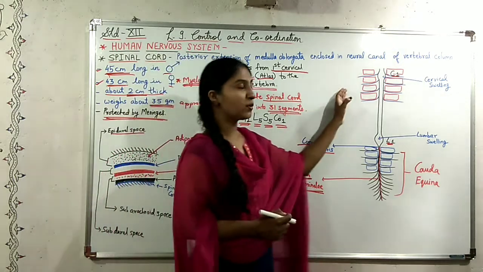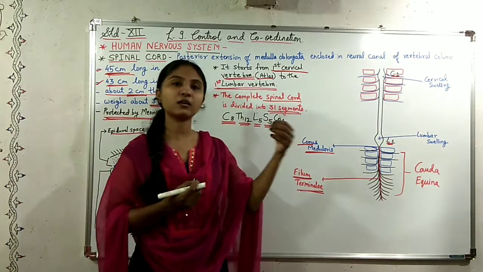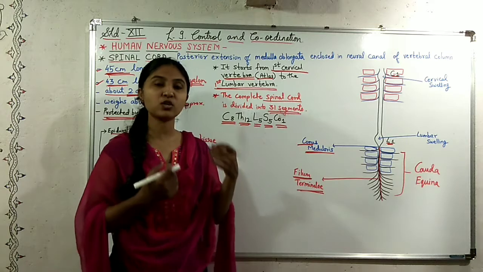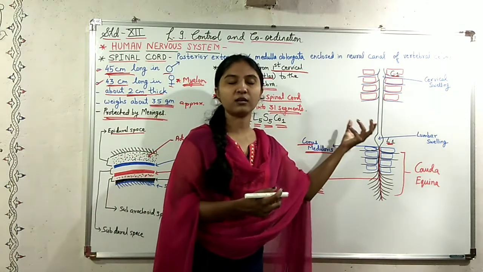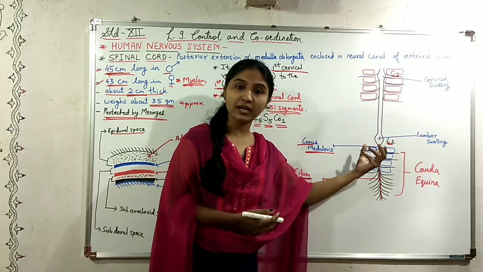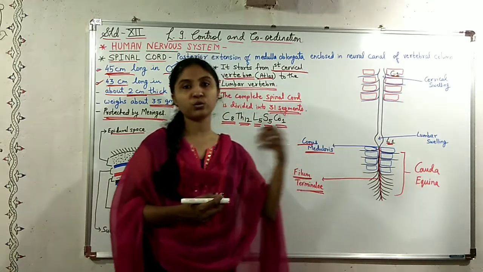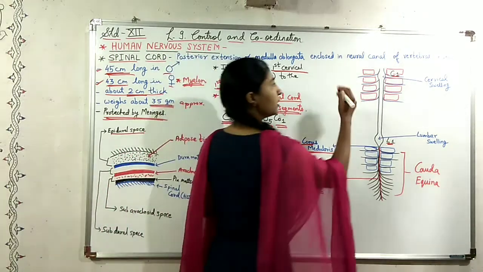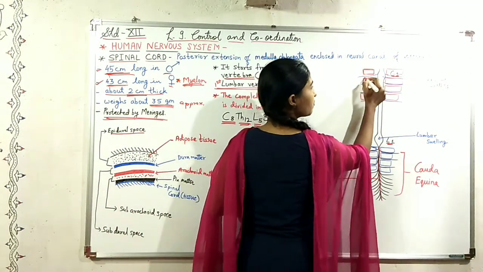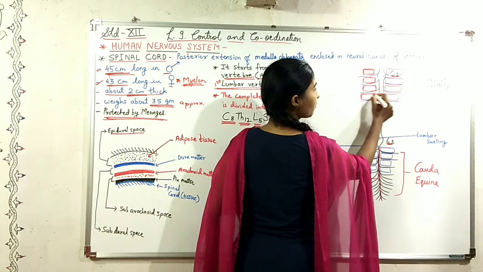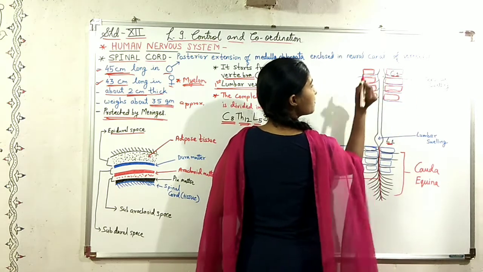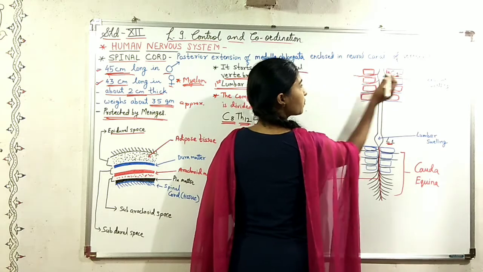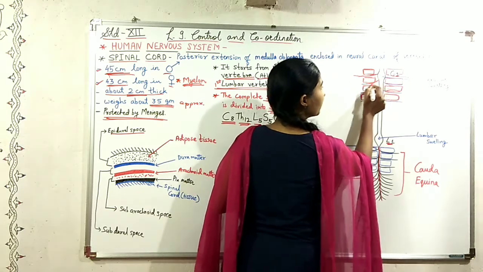Here, if you have to see how the nerves of the spinal cord come out through the vertebral column: suppose these are cut sections of the vertebral column or vertebrae, from these the nerves arise and come out from the gap in between.